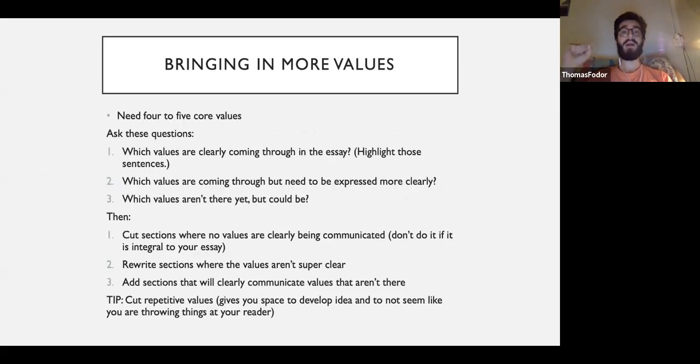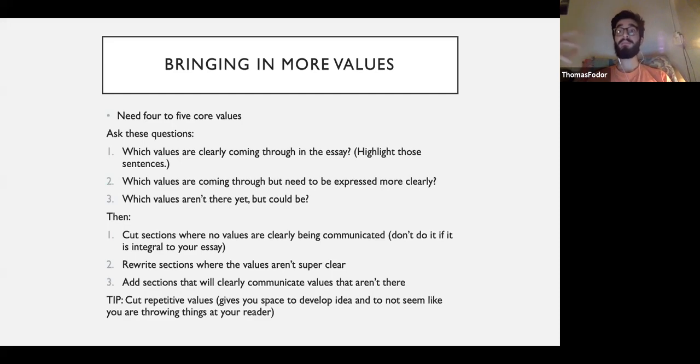All right, so how can we bring in more values, or really make the sections with our values clearer and better? Again, Ethan Sawyer recommends 4 to 5 core values that you convey in your essay. And I'll point out that these values that are conveyed don't have to be explicit. So for example, I don't have to say in my essay, I am a curious person.